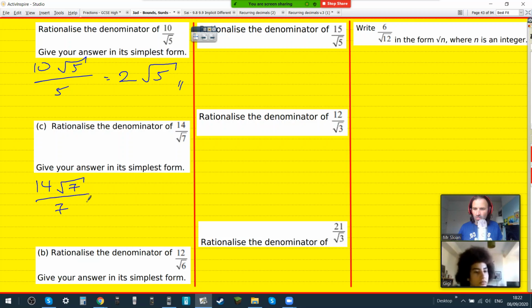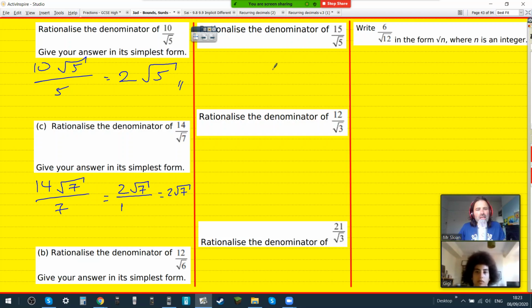Mm-hmm. So 14 over 7 is 2 over 1. So it'll just be 2 root 7. Yes, well done. 2 root 7.